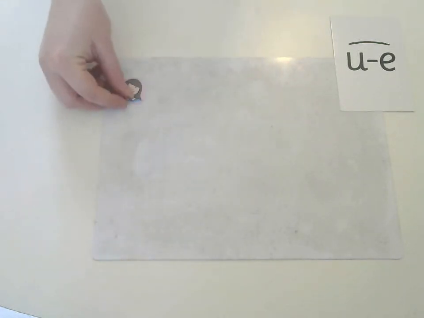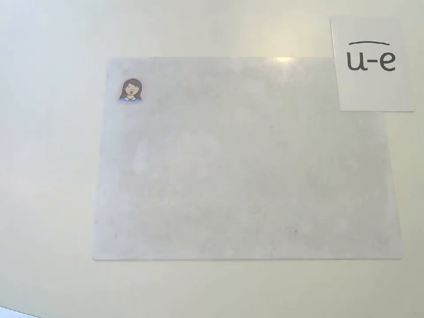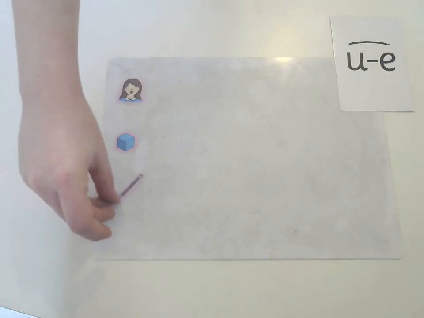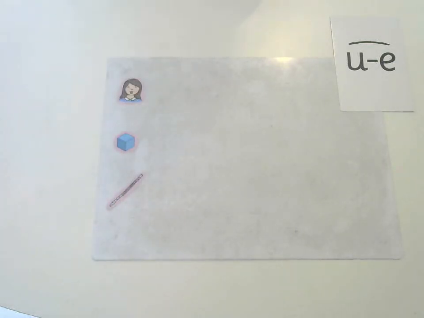Lovely. Let's have a go at writing some of these words now. Rude. Cube. It's an instrument. That's a flute.